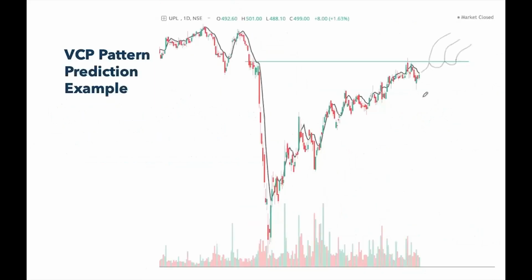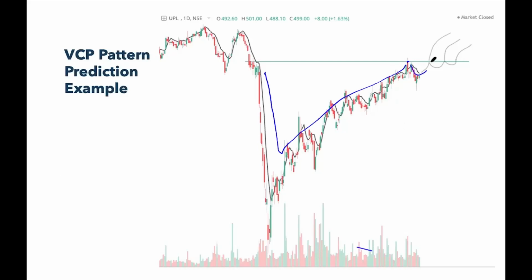So here is another example of pattern prediction. This is UPL, and it is a little difficult to find a reducing volume over here. On every T, there is no reducing volume. However, these are not T, so this whole figure is a T, because the resistance has come here for the first time. Now, what can happen?